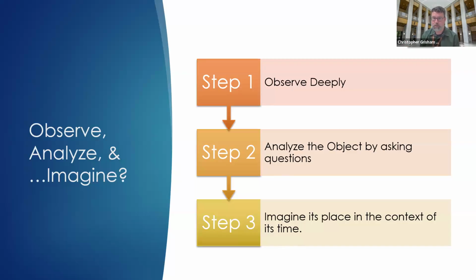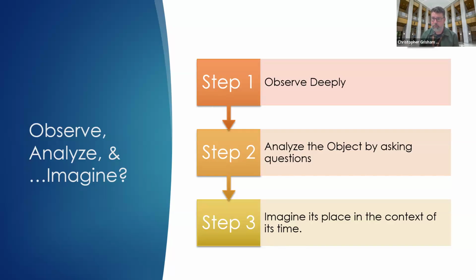Let them explore an object, see what they see, feel it if it's something that they can have physically in their hands, and really just observe without putting too much thought into it. Start with basic observation. The activity that I'll show you a little bit later, that's really what we're going to do. We're going to start with basic observation. Then you analyze. That's when you break into asking questions. Ask about the object. What kind of things are you trying to figure out?